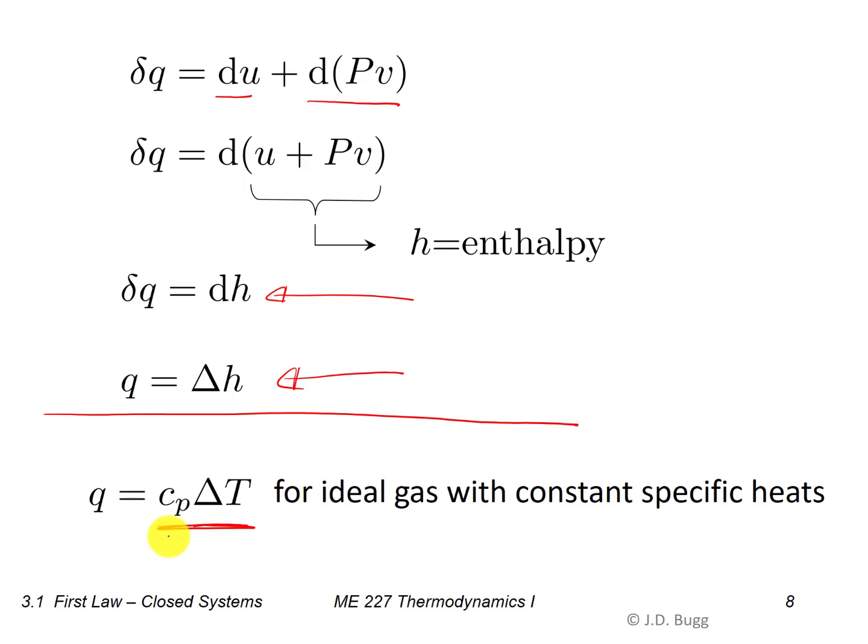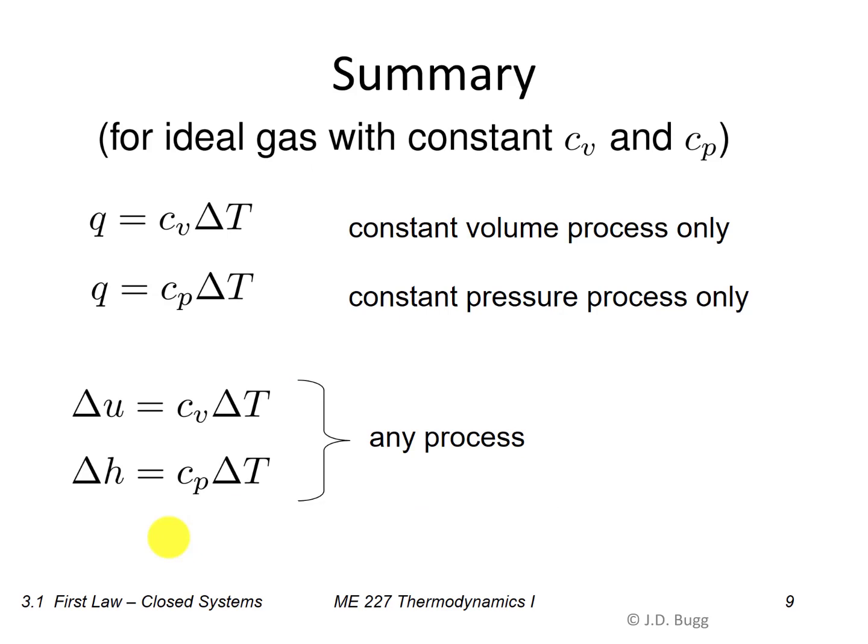So I want to summarize the results of these last few slides where we've looked at a constant volume and a constant pressure process. Remember, here we're talking about an ideal gas with constant specific heats, Cv and Cp. If we are calculating Q, then we need to make sure that we respect the requirement that it be a constant volume process for this equation to apply, and a constant pressure process for this equation to apply.